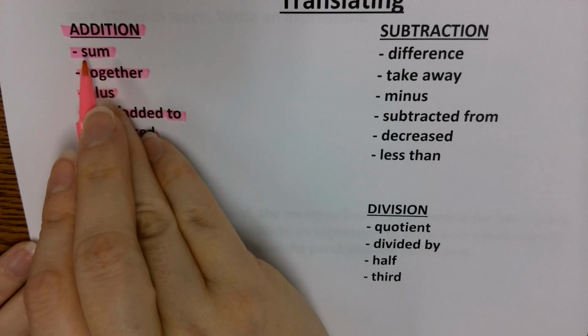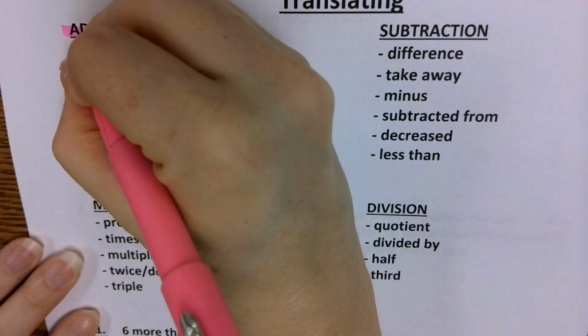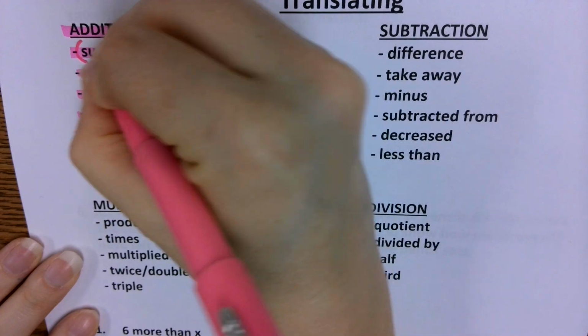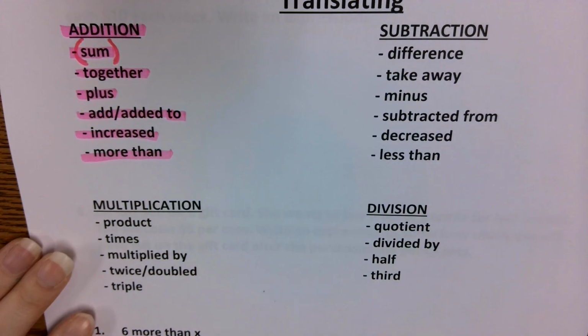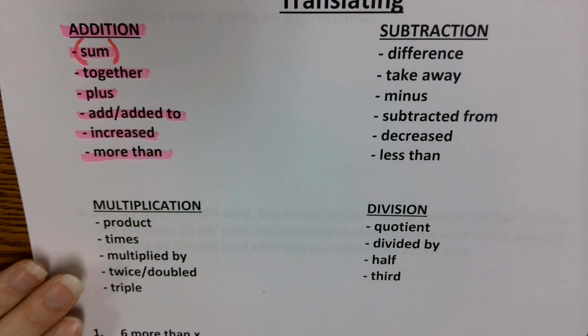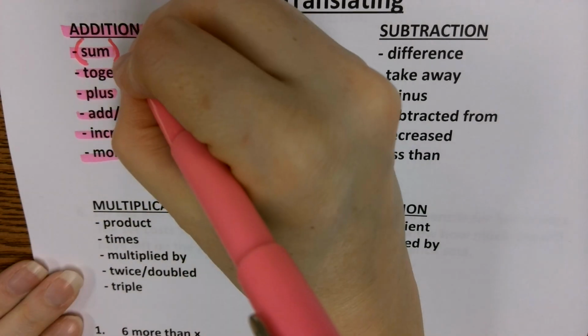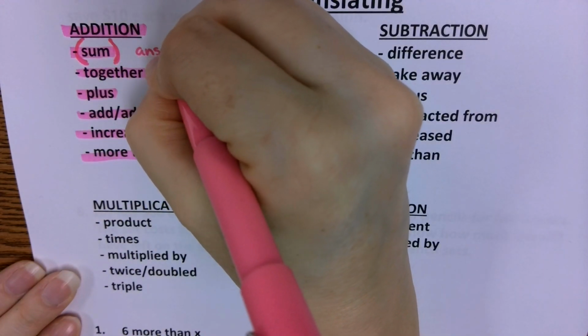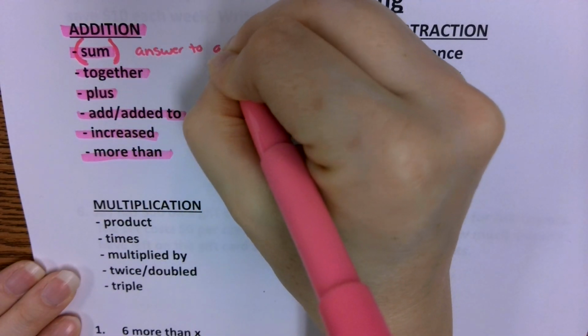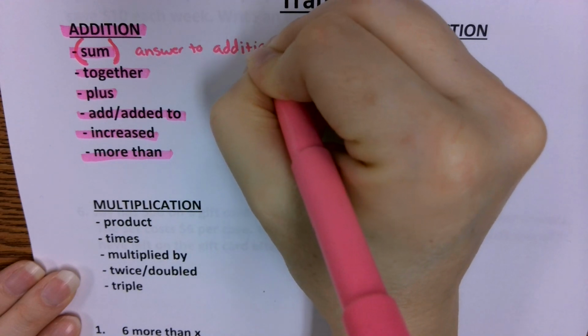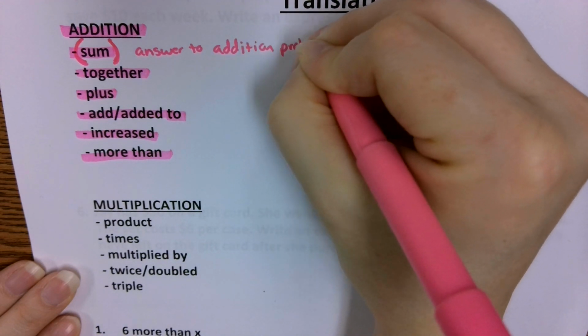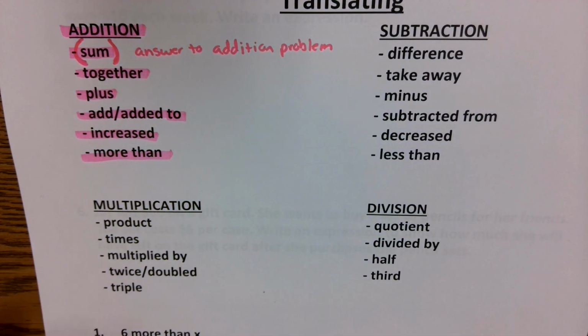The word sum, around the word sum, I want you guys to go ahead and put parentheses. Around the word sum, you're going to put parentheses. Because this means it's an answer to an addition problem. When I say the sum, I'm talking about the answer to an addition problem.